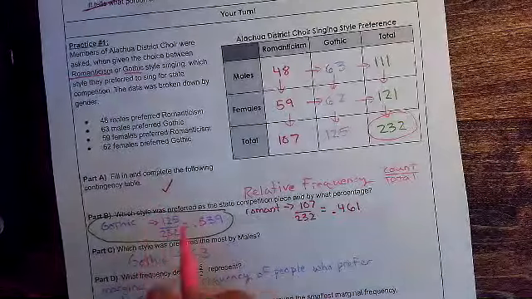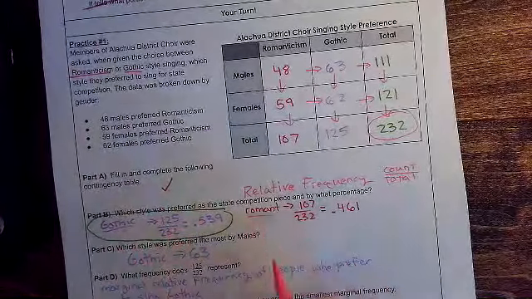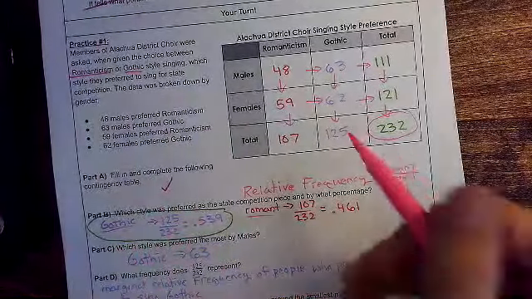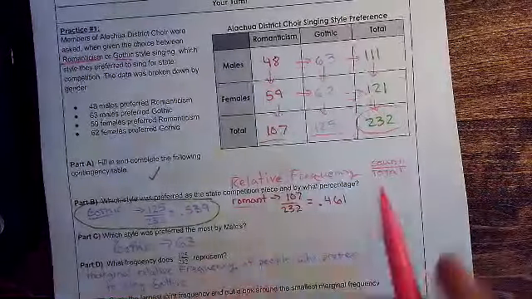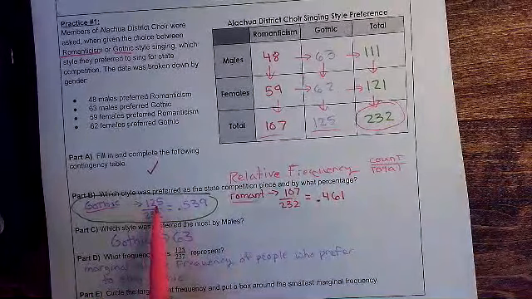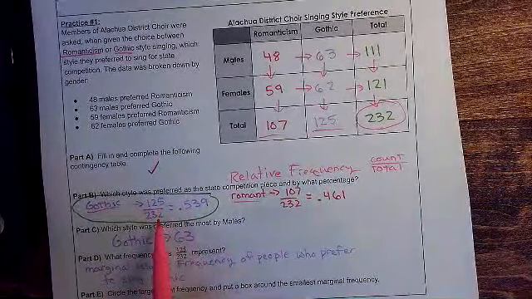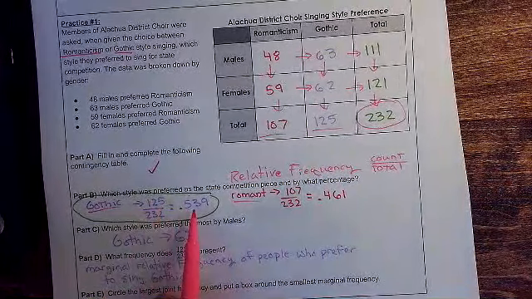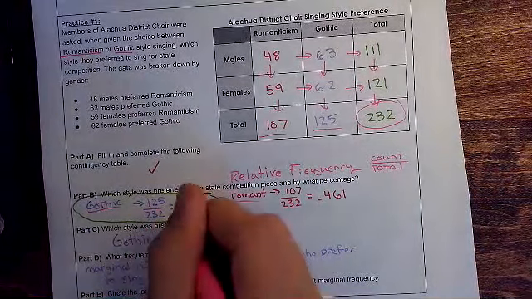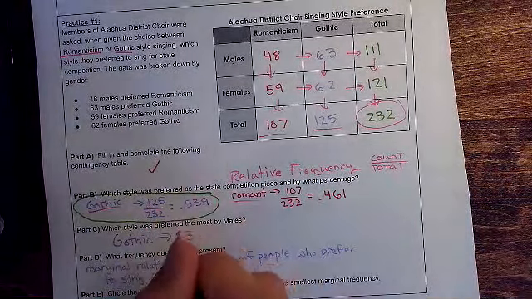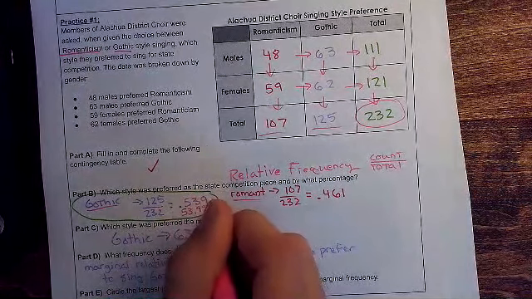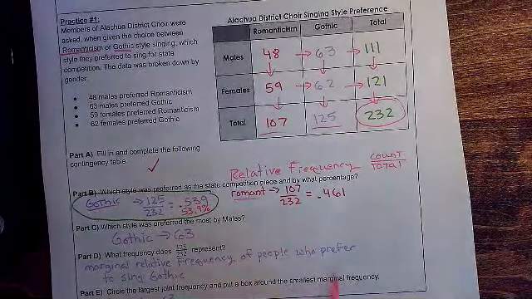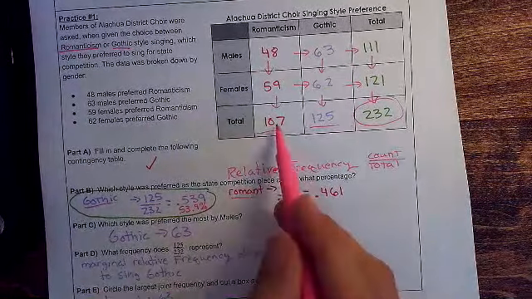And it's saying which style. So the styles are Gothic and Romanticism. And we're going to look at these numbers right here. So for Gothic, there was 125 in total. I divide it by 232 and I get 0.539. If I turn that into a percentage, that would be 53.9%. For Romanticism, there was a total of 107.